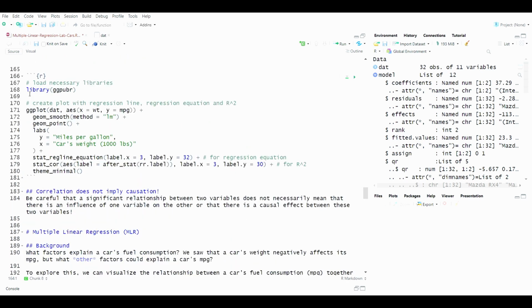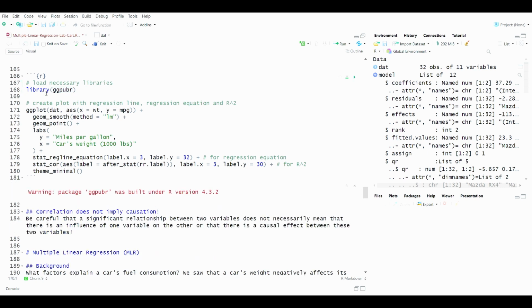Then to make a much better graph, let's load the necessary library. In this case, we're going to use library ggpubr, which uses ggplot and adds a few bells and whistles. So we use the ggplot command, and again, we start by specifying the data, then specifying the aesthetic, which is where we tell it our x is weight and our y is miles per gallon.